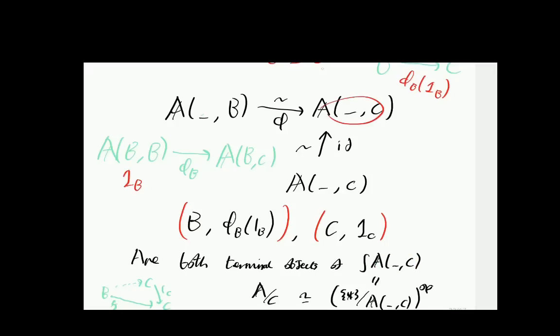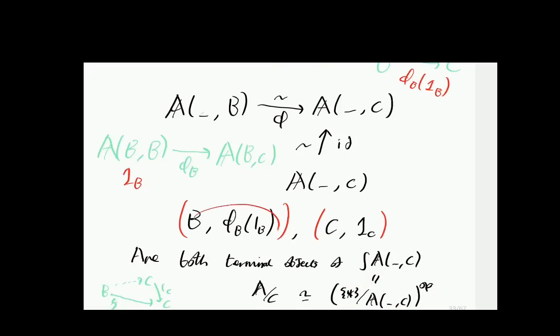Now, because this is a contravariant functor, we write the category of elements like this, and this is going to be a terminal object of it. Also, because the identity is also giving us a representation of this functor here, the element corresponding to this, which is the identity, is also going to be a terminal object of this.